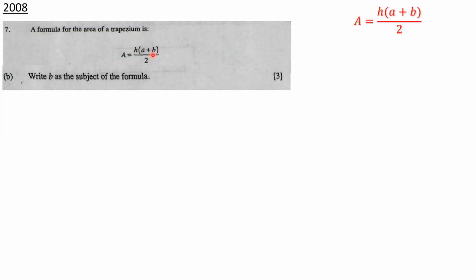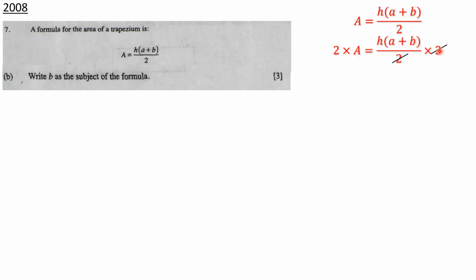The first thing I did here was try to get rid of the 2. In order to get rid of the 2, I decided to multiply both sides by 2. So that's going to be 2 times A, and the 2s on the right will cancel with each other.